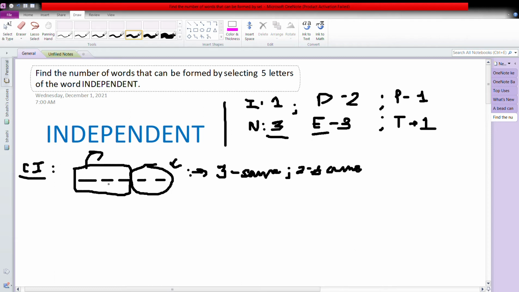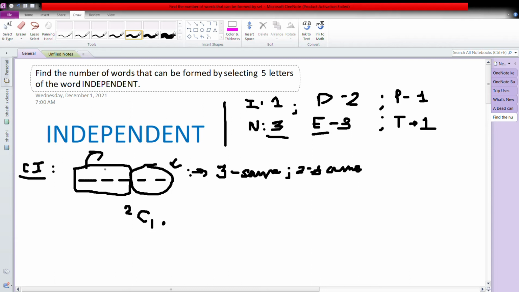Let us take the first group as a whole. For this we have 2 options, so we can write it as 2C1, since we have to pick only one. Now for the second group we also have 2 options. Why?